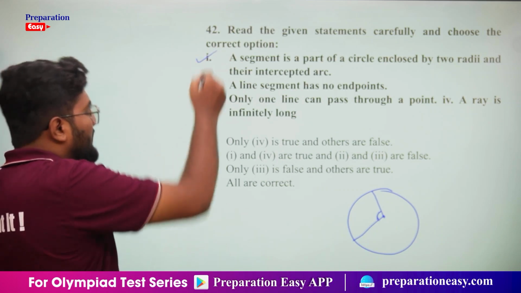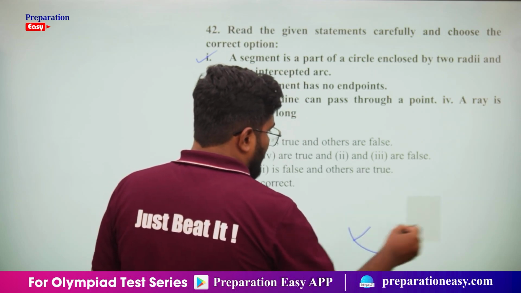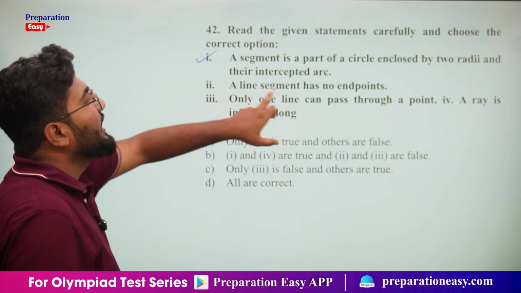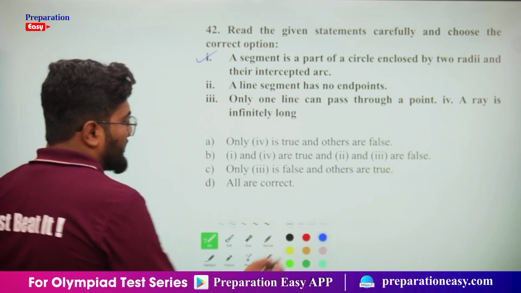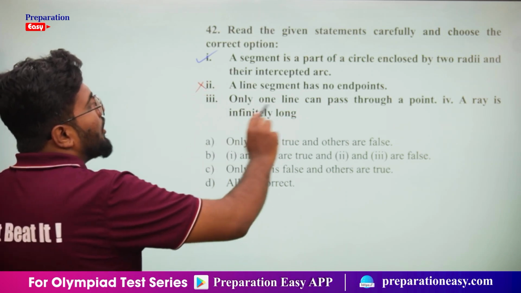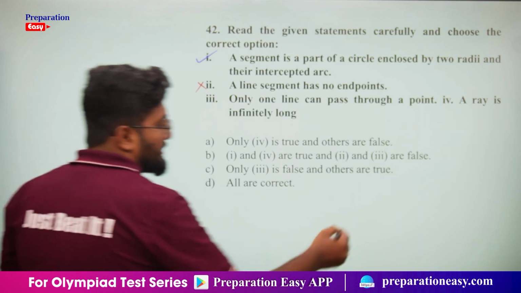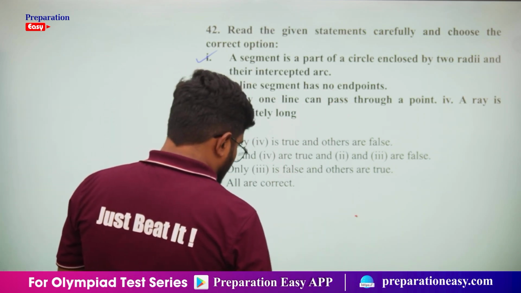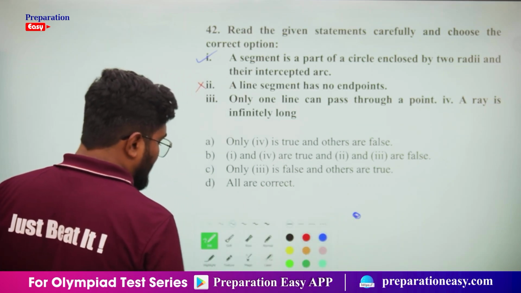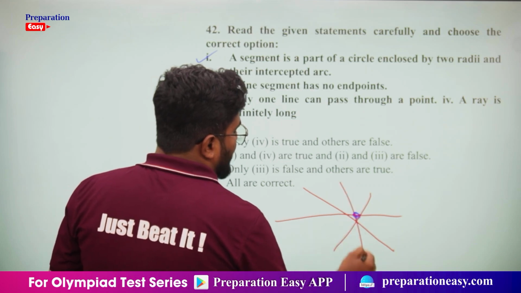So the first statement is correct. Then let's move to the second statement. A line segment has no endpoints. No, a line segment has two endpoints. Second is wrong. Only one line can pass through a point. If this is a point, then it is stating that only one line can pass, but I can pass as many as I want.